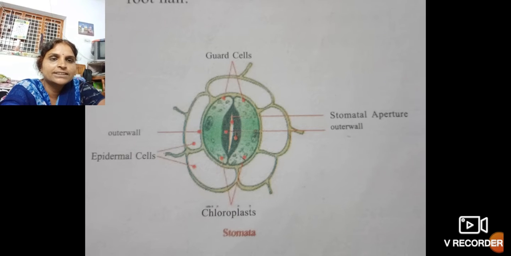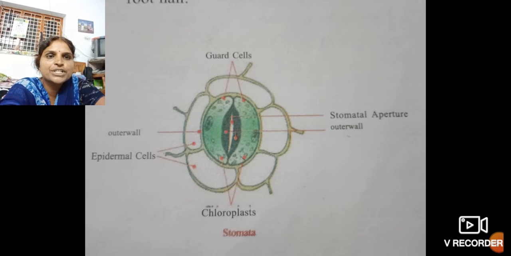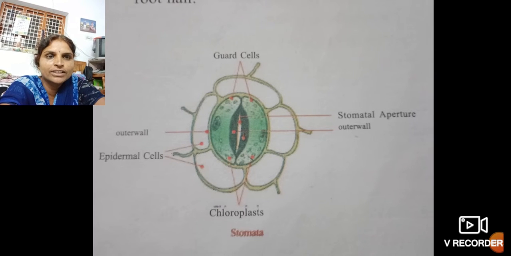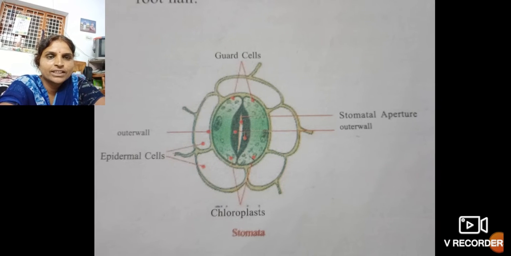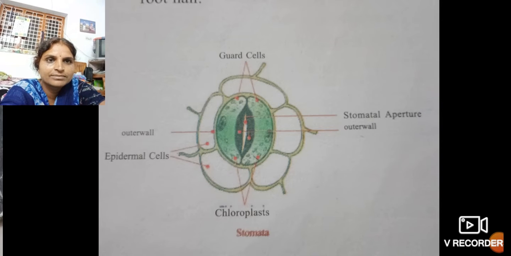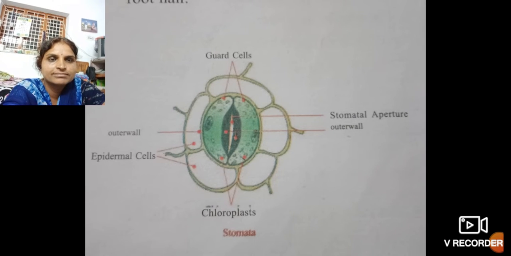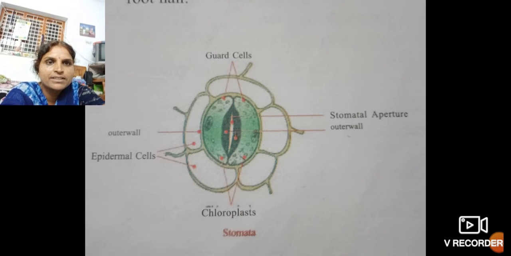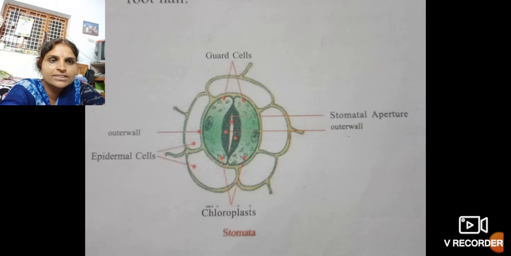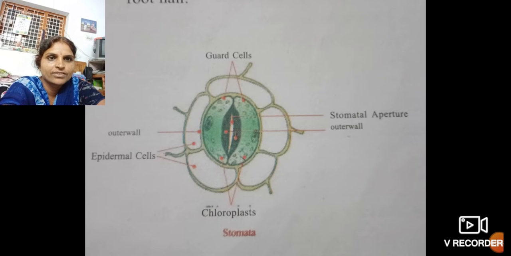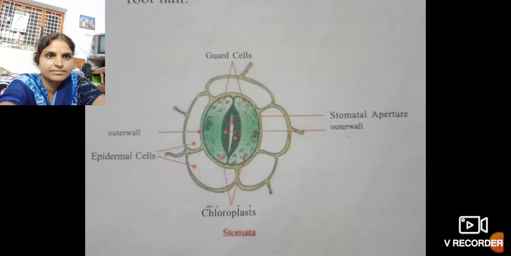The stomata are enclosed by two kidney-shaped cells called guard cells, green in color. These guard cells are covered by epidermal cells. Between the guard cells, the stomatal aperture is present. In the guard cells, the chloroplast is present.